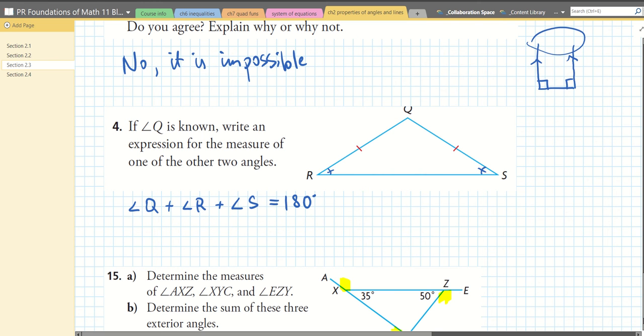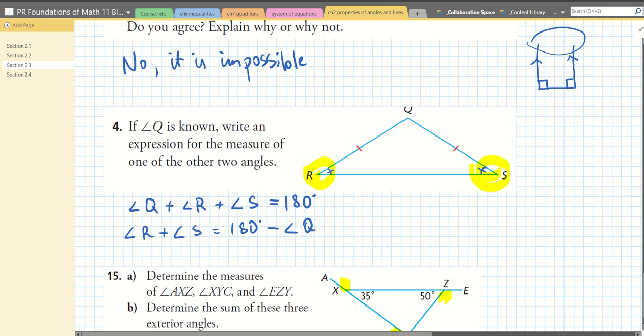So we can then say 180 minus Q is going to equal the sum of R plus S. So R plus S equals 180 minus angle Q, right? So again, this is the sum of these two, which are exactly the same. So these two are going to be equal.